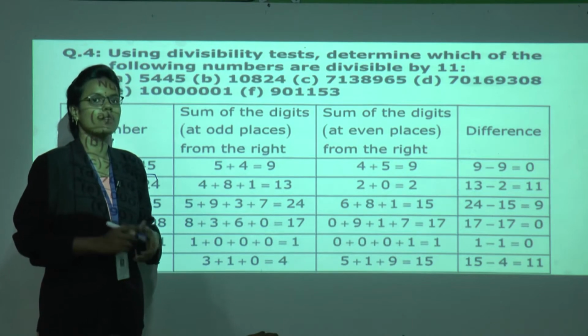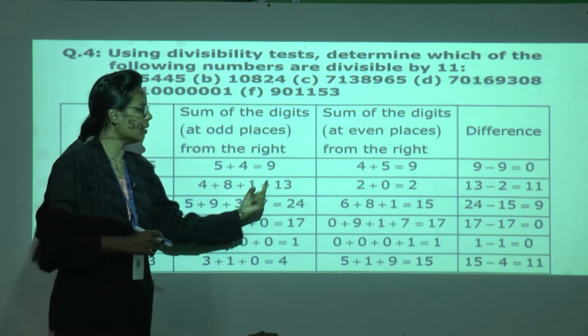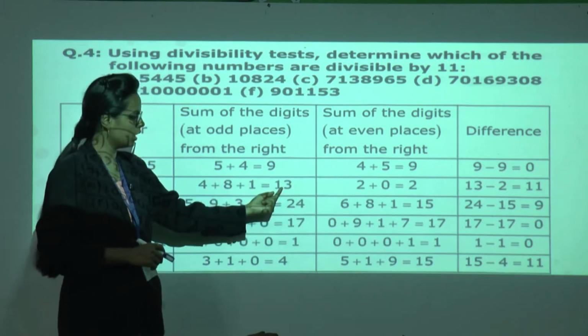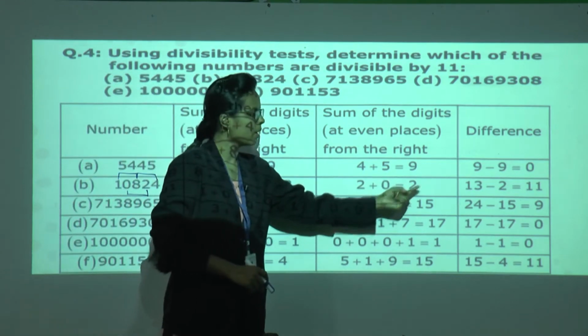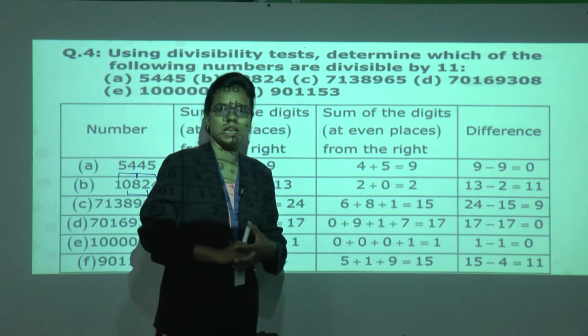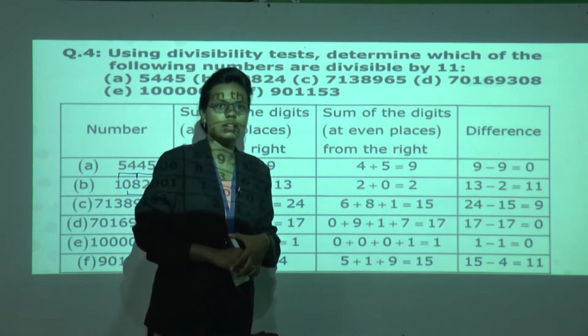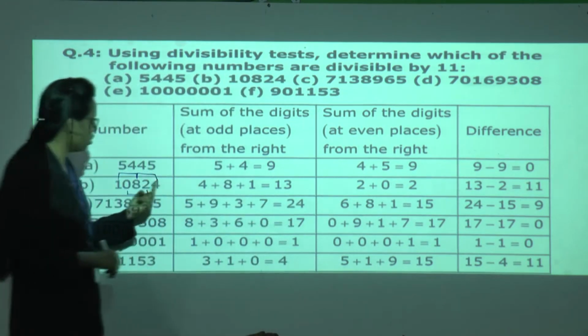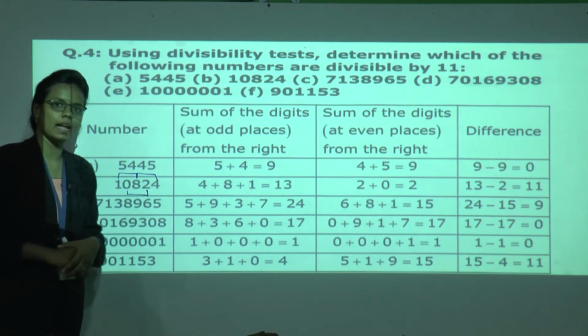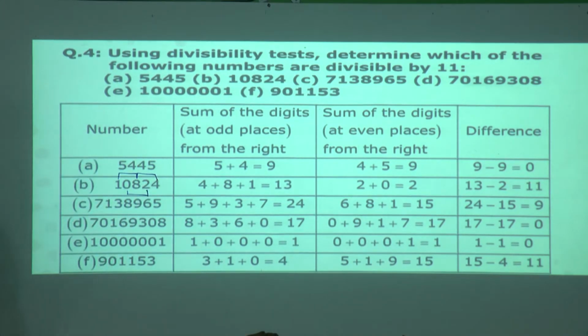Now we find the difference of odd and even places. So 13 minus 2 becomes 11. Is 11 divisible by 11? Yes, 11 is divisible by 11. So the number is divisible by 11.